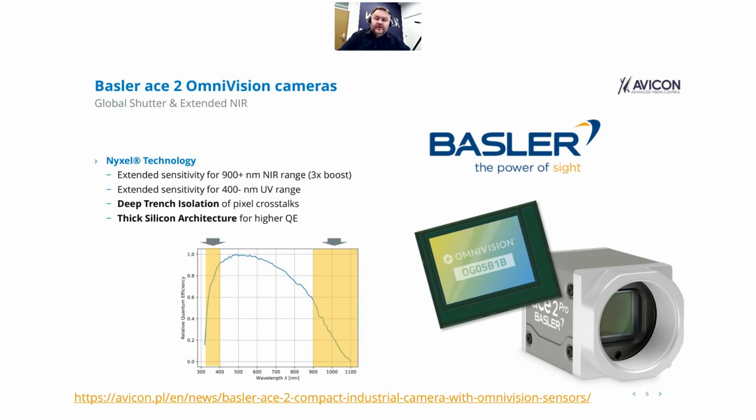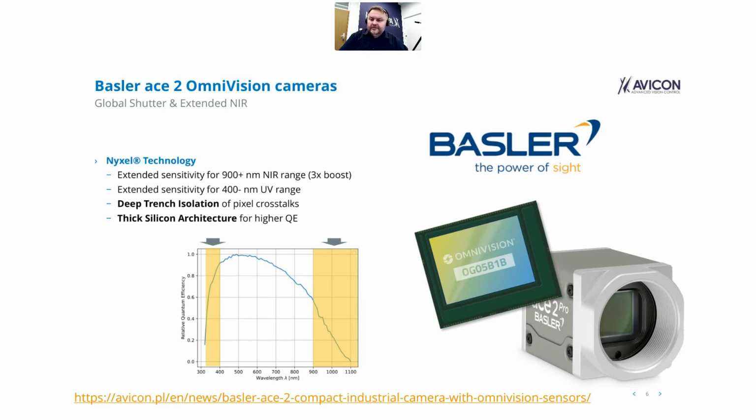The first one is the deep trench isolation of pixel crosstalk, which means basically that pixels are physically separated by some etching process. So there is a physical void barrier between pixels, which enables pixels to conserve their charge induced by the light and not to spill over to the neighboring pixels.